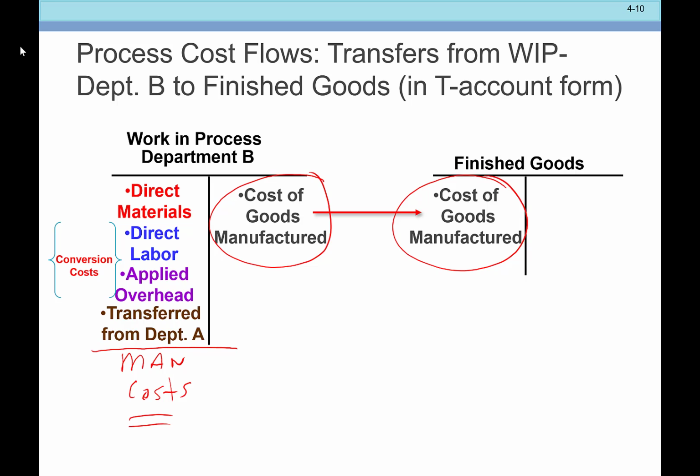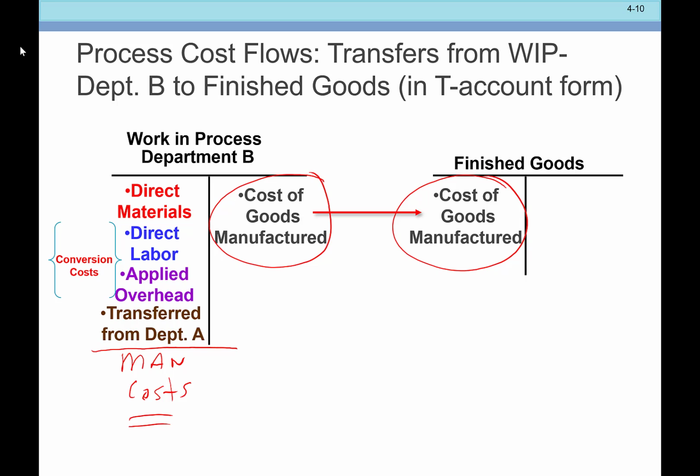Yes, sir. I got a question. So when you name Department A and Department B, they follow each other, right? So it goes from A and then B. Yeah, we have a first processing department, a second processing department. I mean, we could have hundreds of processing departments, right? So it's consecutive. Yes, because what are you going to put in the box in the boxing department, right? You've got to put the flakes in there, so the flakes have to be transferred to that second department, the boxing department.